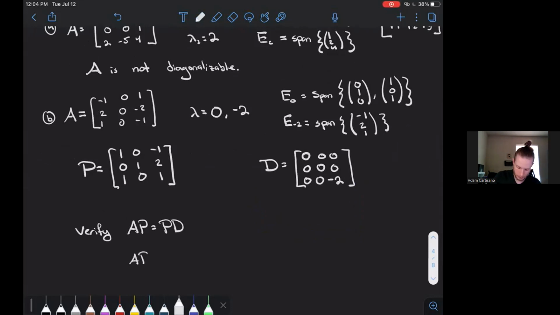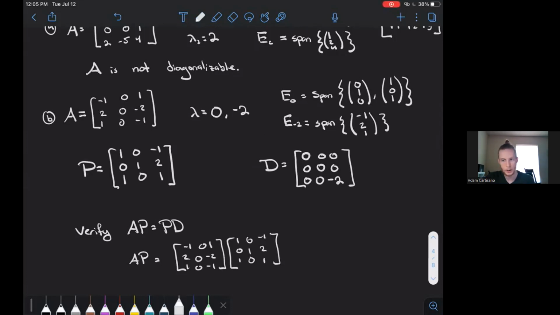AP is negative 1, 0, 1, 2, 0, negative 2, 1, 0, negative 1. P is 1, 0, 1, 0, 1, 0, negative 1, 2, 1. I could compute the inverse of P and then multiply P inverse AP and hope that D pops out.